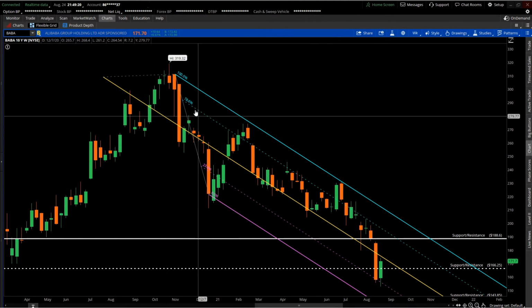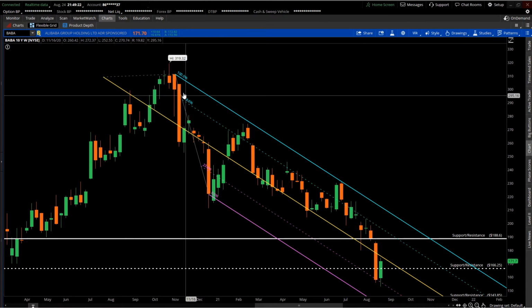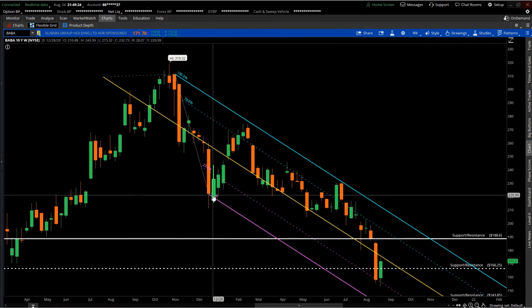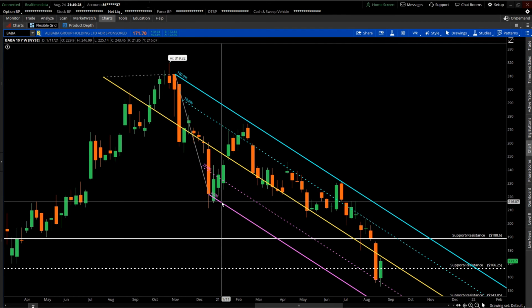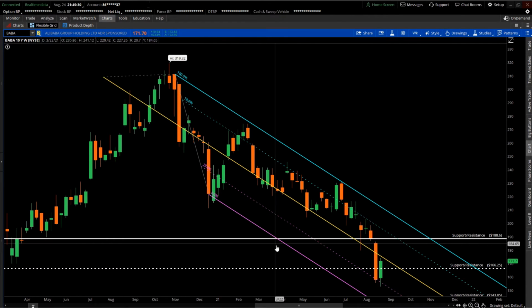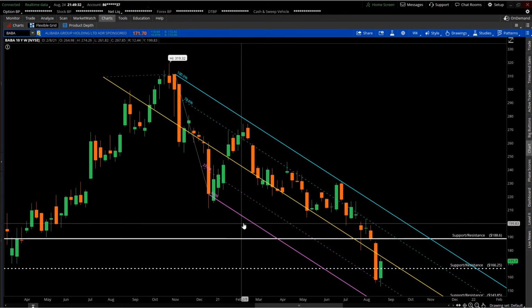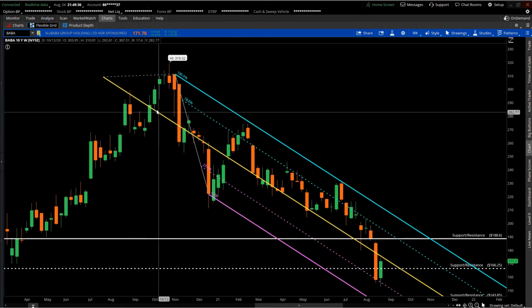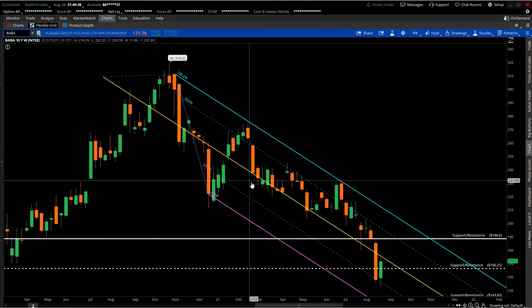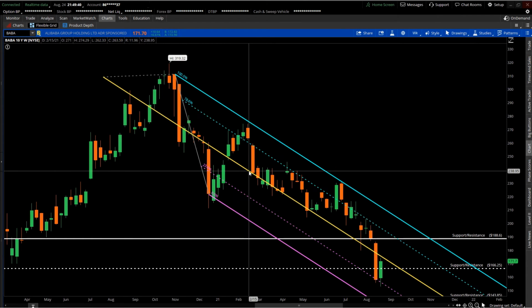On the other side, when price came down, price was supported by this bottom channel here. And price hasn't tested this because it's been above this mid level, or this yellow price level or support level.